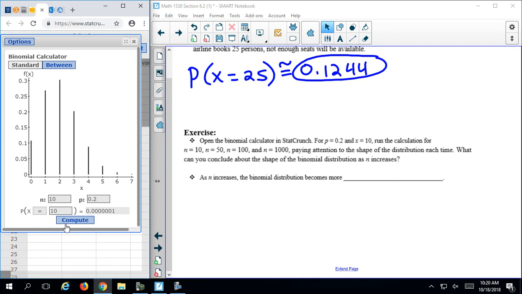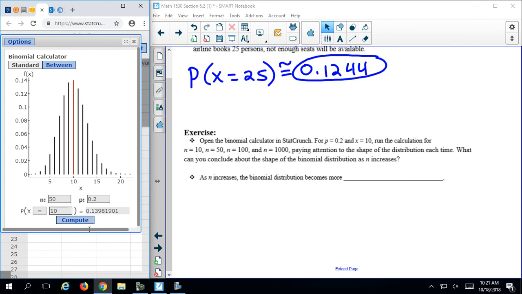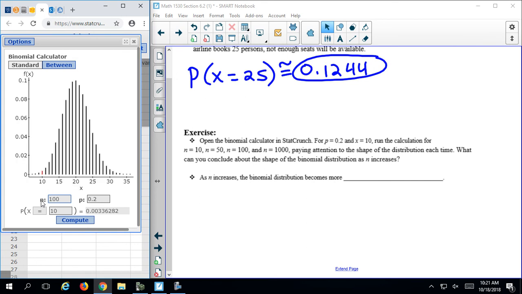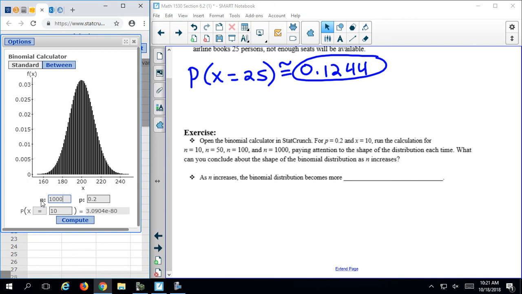Skewed to the right. Right, let's change n to 50. It's still a little bit skewed to the right, but it's not as bad, right? It's not as skewed. Okay. What about n equals 100? That's n equals 100. And then n equals 1,000.